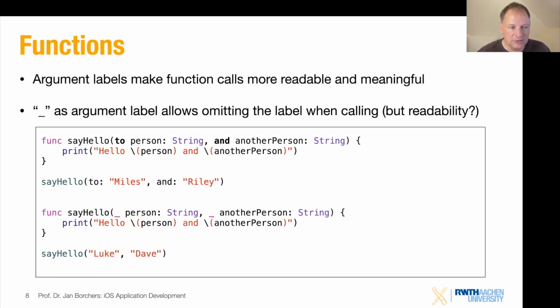And this means that you can do the call that you see below here, say hello to Miles and Riley. Now, isn't that nice? That's really highly readable code. And at the same time, you don't need to use to and and as internal names of those parameters, because that would look horrible, right? Print hello to and, that's not readable code.